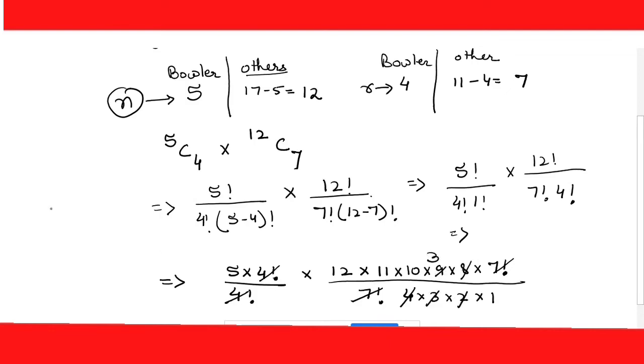What's left: 5 into 12 into 11 into 10 into 3. Now multiply. 3960, ma'am. Correct.